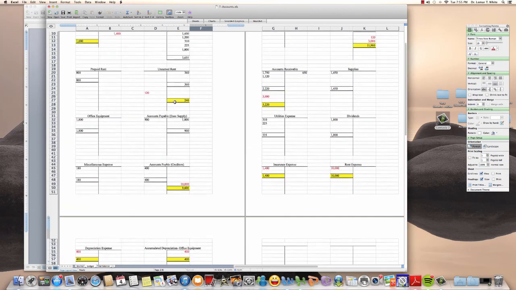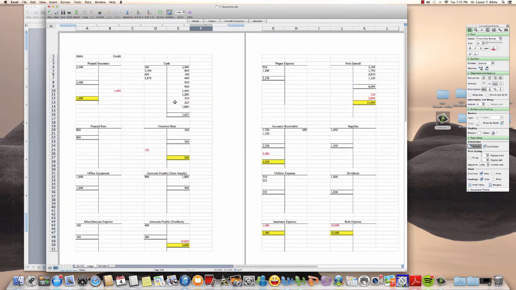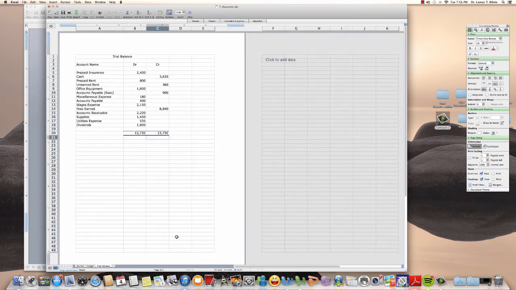Now the next step is an adjusted trial balance. What we did in the last lecture was actually called an unadjusted trial balance because we did not have any adjustments.